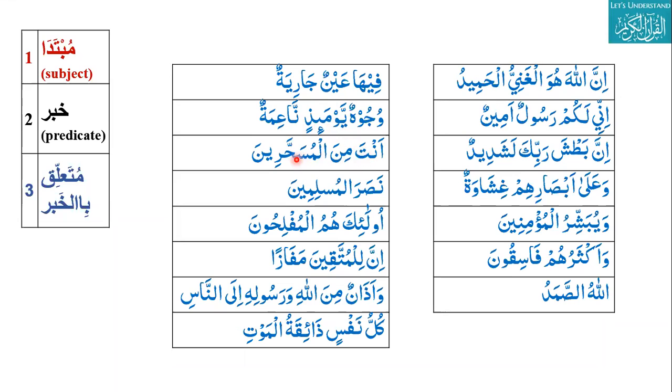Anta minal musahharin. Okay, Ubaid, can you tell us what is Anta minal musahharin? Anta is mubtada. Musahharin is khabar. Min, what is min? Jar majroor. So what are the jar majroor?